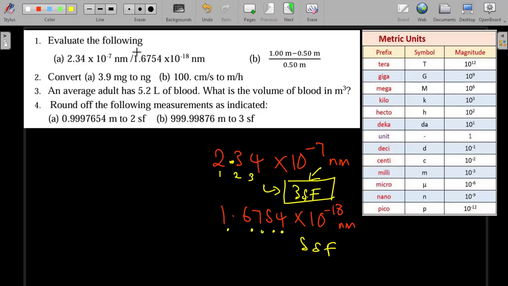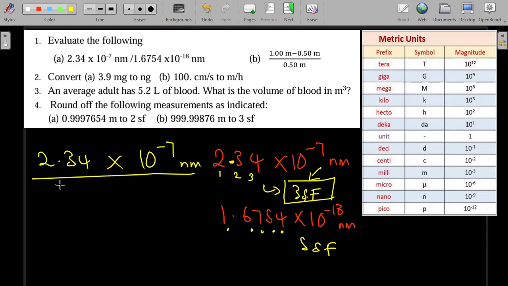This slash here simply means division. So if I write it in this form, it is 2.34 multiplied by 10 to the power minus 7 divided by, don't forget the units, 1.6754 multiplied by 10 to the power minus 18 nanometers.